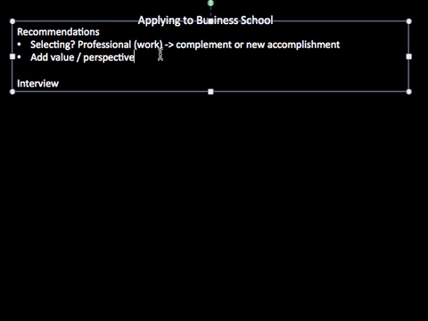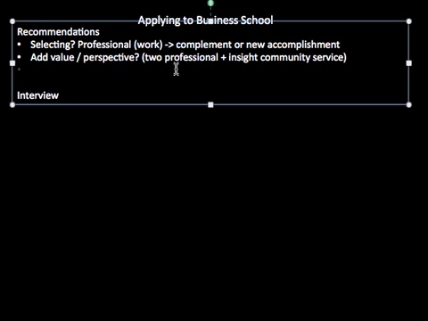So what I did was I chose two people from my professional background that can speak to my work experience on separate projects, and then one person that provided insight to my community service, so that it would show a broader picture of myself, not only my work ethic, but also my interest and passion for service. So that's an example of how to select.